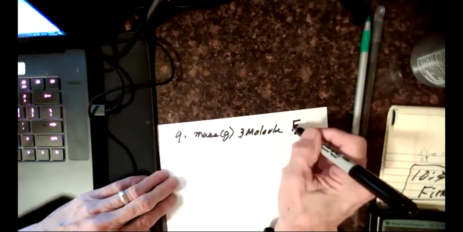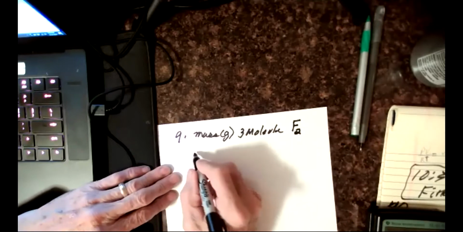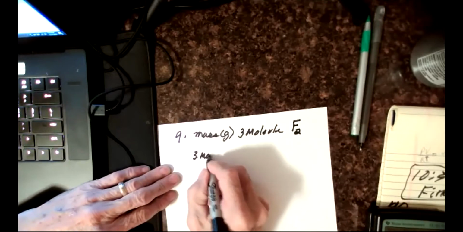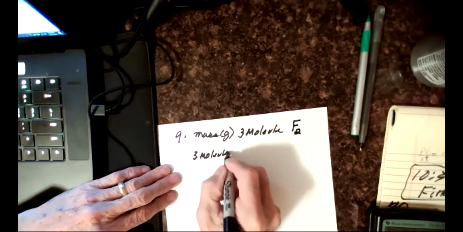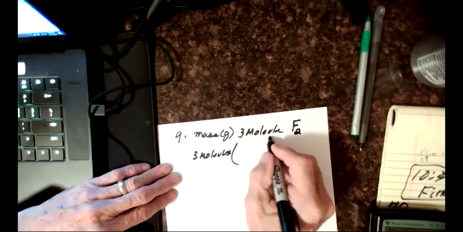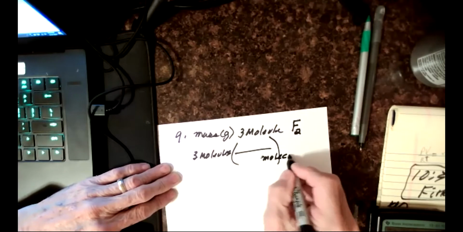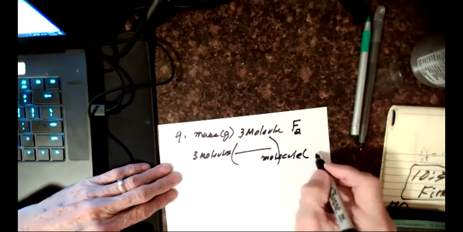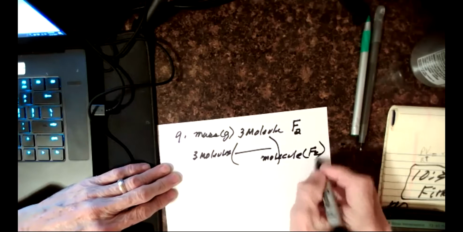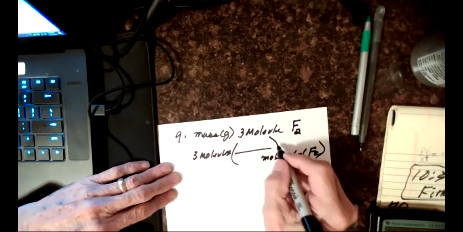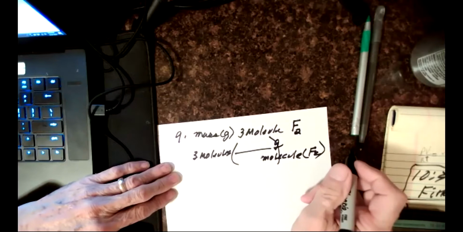All right, so how do we get that? We're going to just convert from molecules to grams. So I've got 3 molecules, and I'm going to convert from molecules, and I'll remind myself it's F2, to grams for F2.